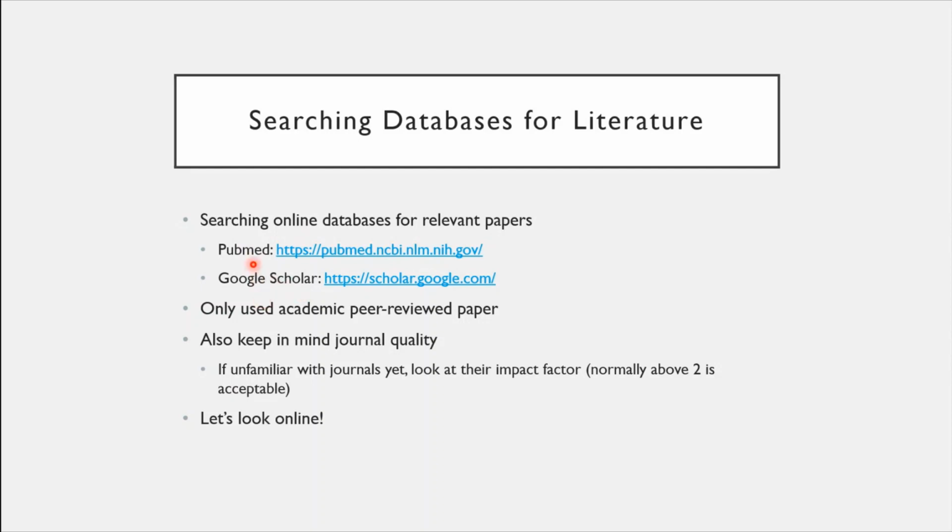PubMed is probably the best one available. When you're writing a scientific paper, always use academic peer-reviewed papers. An academic peer-reviewed paper means that it was reviewed by scientists, by scholars, and it was deemed to have enough quality to be published in an academic paper.